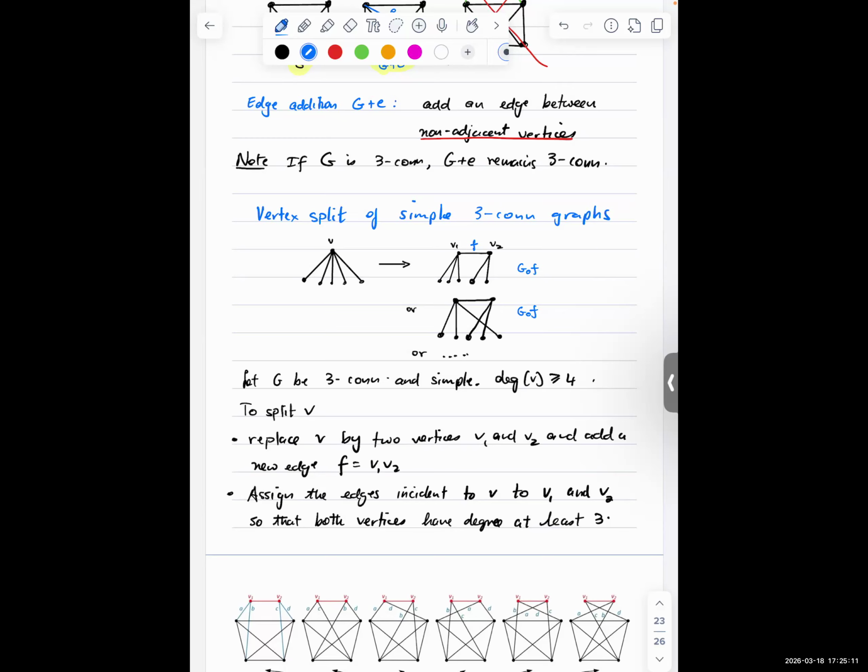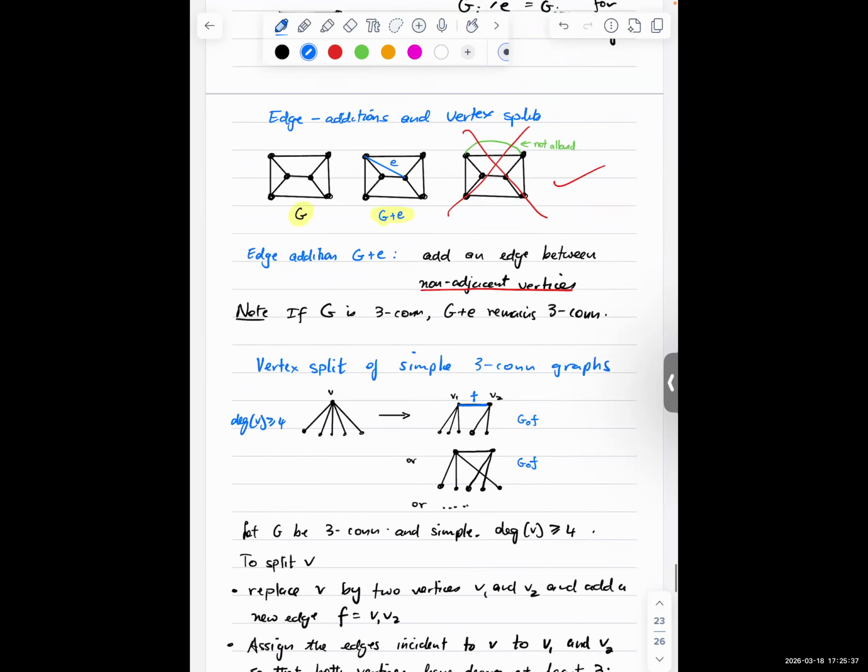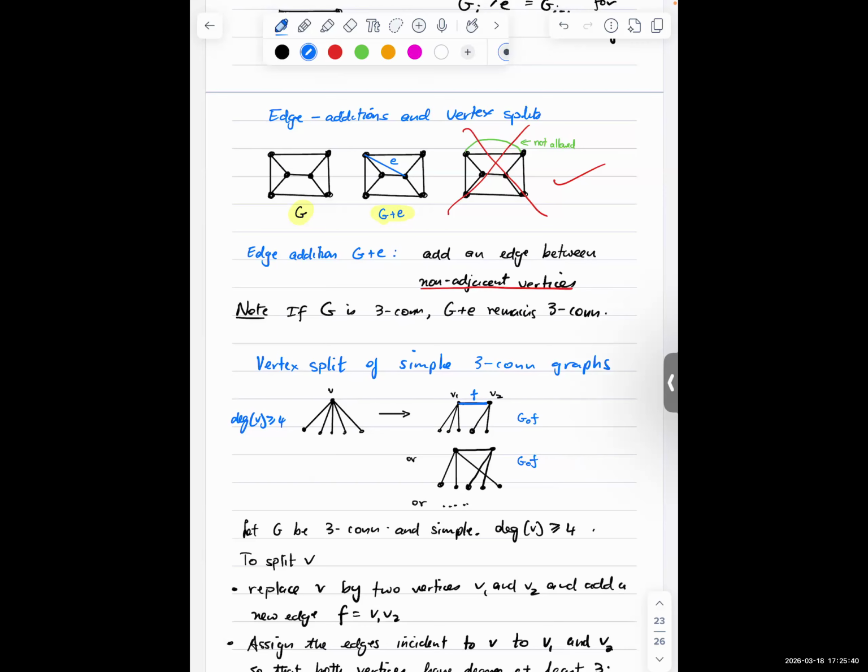First of all, you need to have degree of V greater than or equal to 4, because if it's less than or equal to 3, then you're not going to be able to split the vertex and distribute the edges and preserve 3-connectivity. So we're imposing that condition. You take V and split it like this, so you get a new edge F, like that new edge E that you're adding. And you distribute the neighbors of V to V1 and V2 in a disjoint manner.